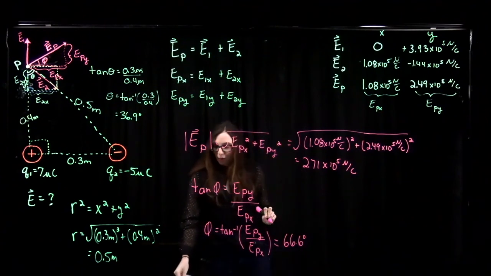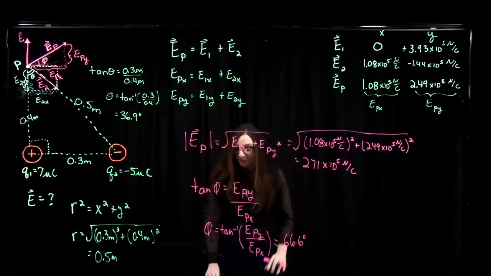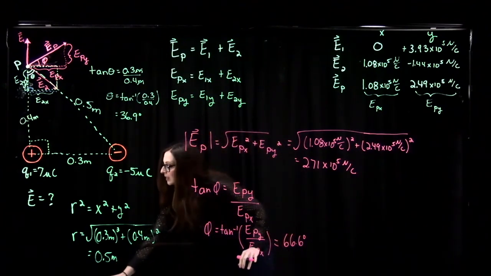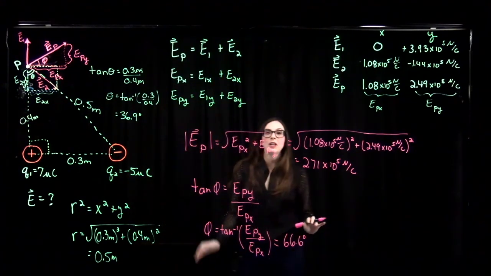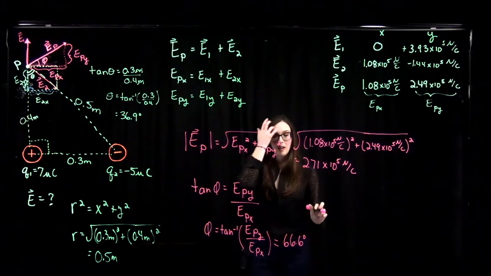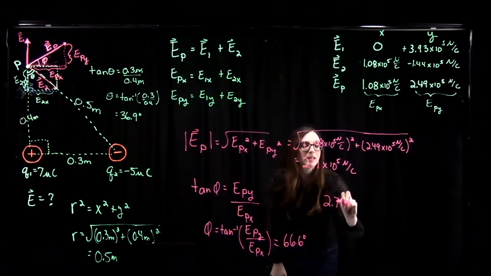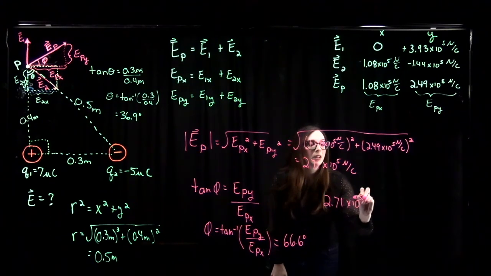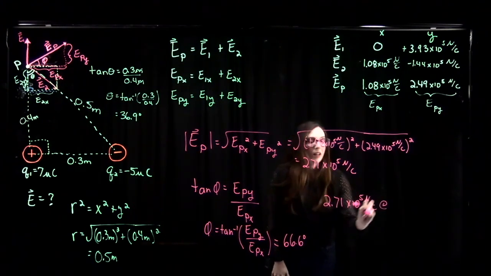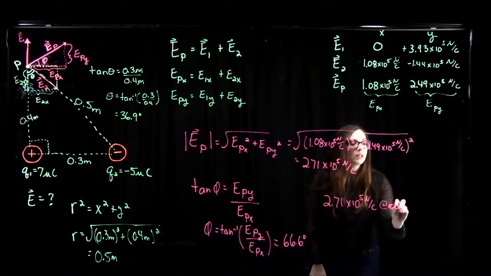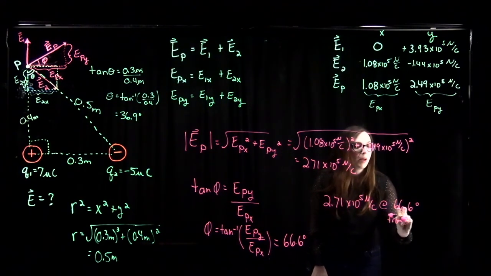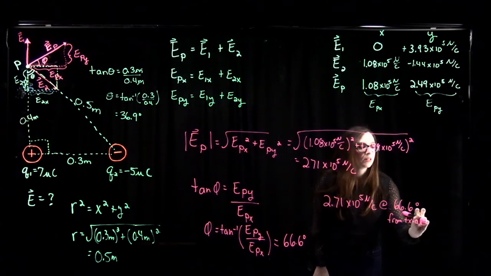So the full answer for my problem, what is the magnitude and direction of the electric field at point P? That full answer would be 2.71 times 10 to the 5 Newton per Coulomb at an angle of 66.6 degrees from the positive x-axis.